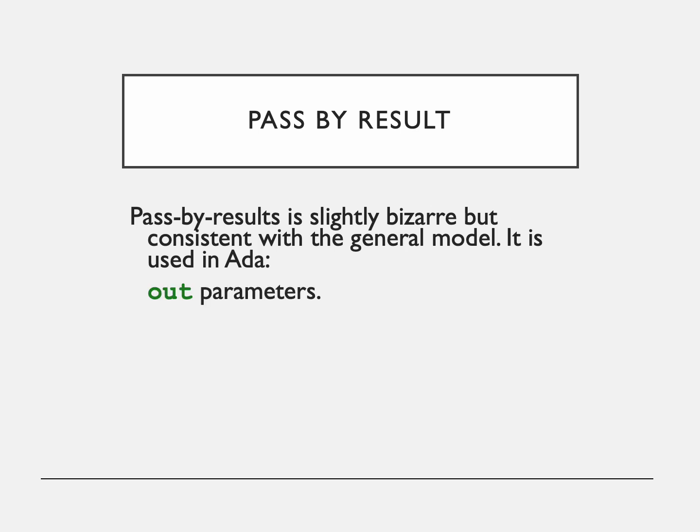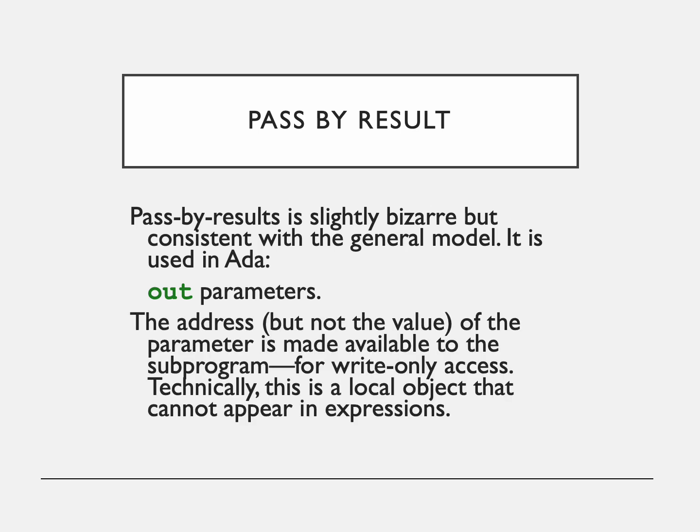So how does it work? In this mode, the address of the parameter is made available to the subprogram, but not its initial value. Throughout the subprogram's execution, this parameter is treated as a local variable that can only be written to.